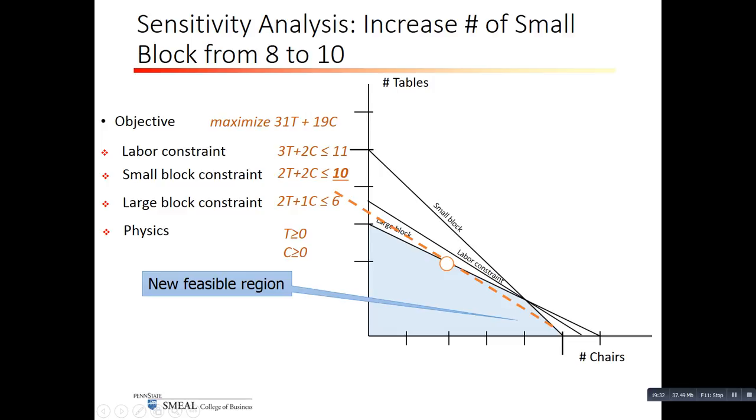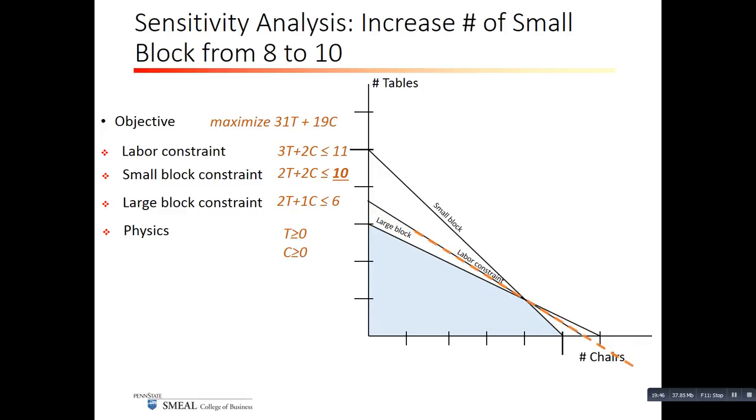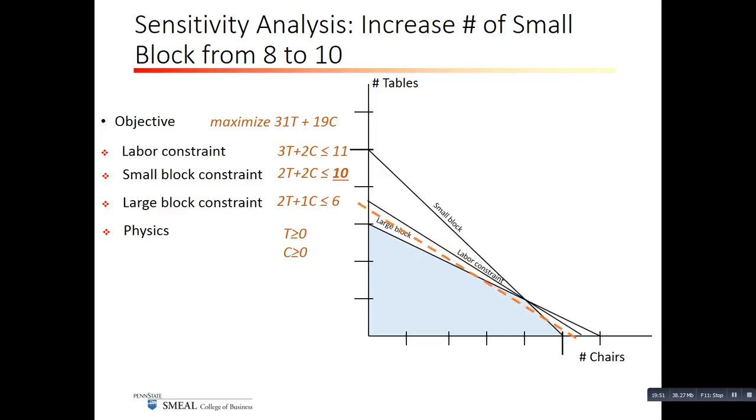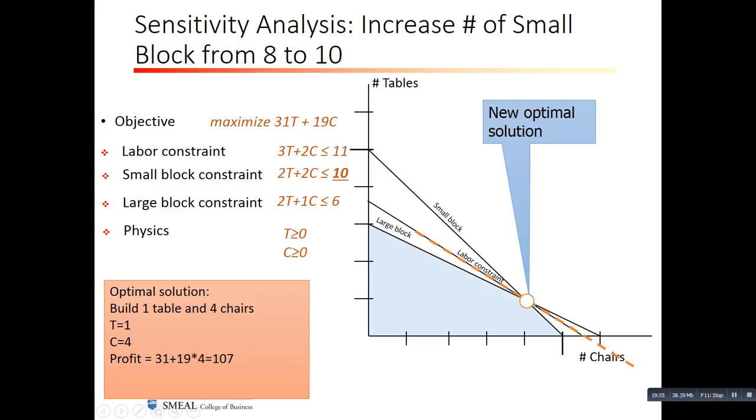As you see here, the original optimal solution is no longer a corner point, and the objective function now has the opportunity to shift upwards again, which in this case is at this point. So this is going to be our new optimal solution, which corresponds to 4 chairs and 1 table, and our profit is 107. If you remember, our original optimal profit is 100, so it increased by 7. That means 2 units of additional small blocks would increase our profit by 7.